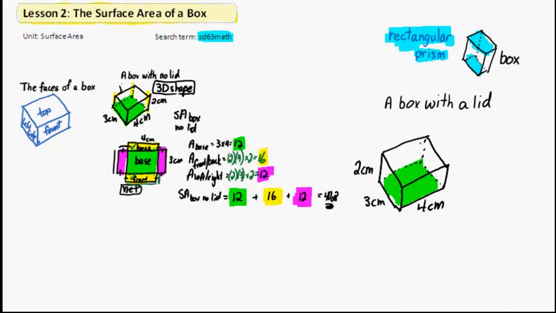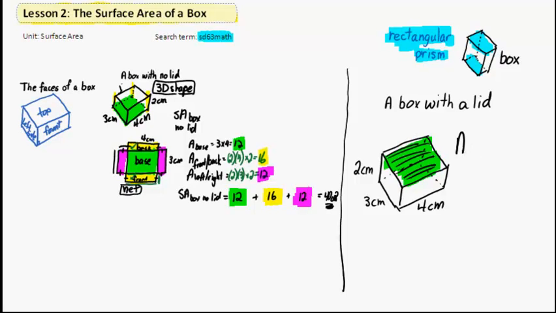The exact same box with a lid would simply have one more face, exactly the same size as the base. So here we go. The surface area of the box with a lid would be the surface area without the lid, 40, plus the area of the base again, 12, which would be 52 centimeters squared.